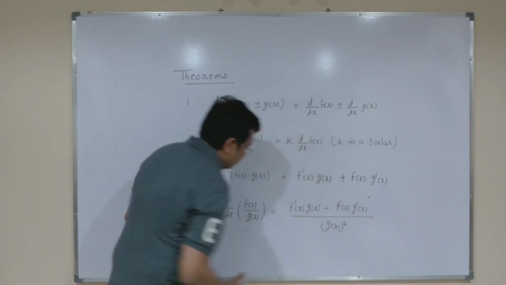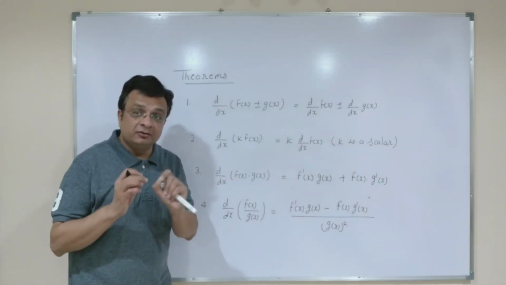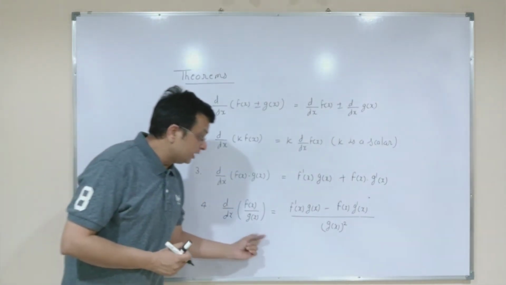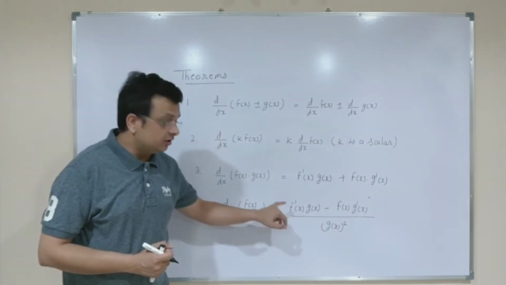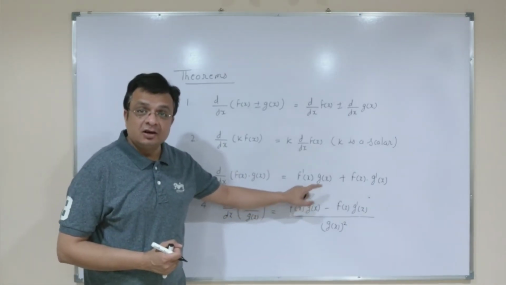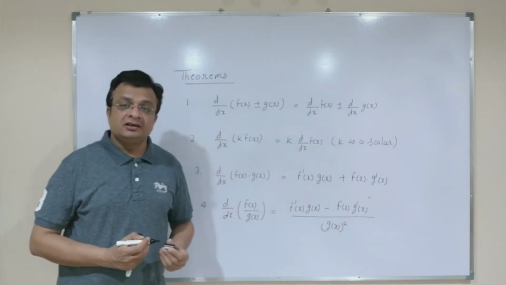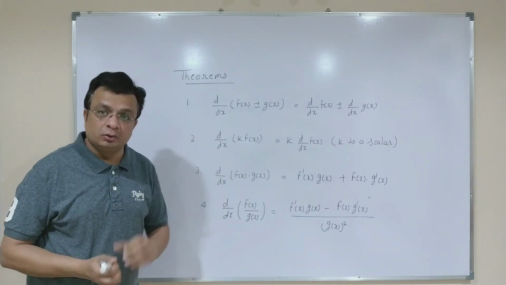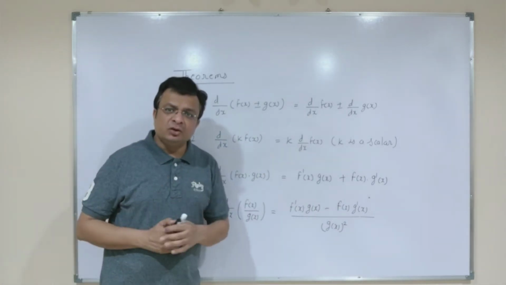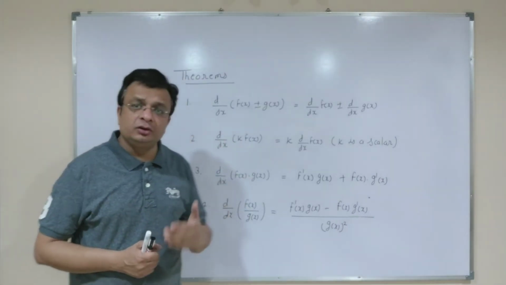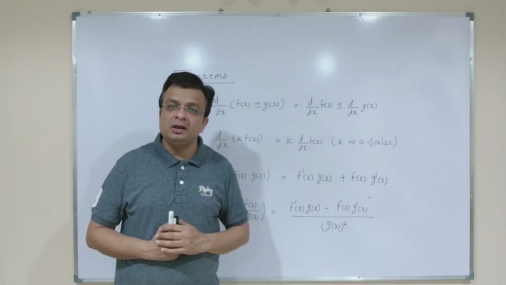So again, let's say it is u by v. We take v square, then differentiation of u with v as it is, minus u as it is into differentiation of v. This is also called the quotient rule. You can prove all these theorems using the first principle method.